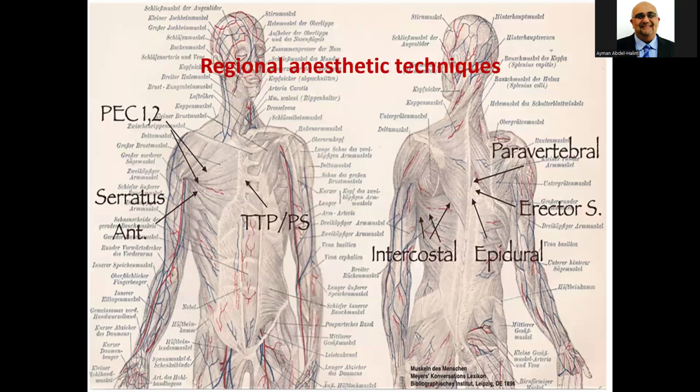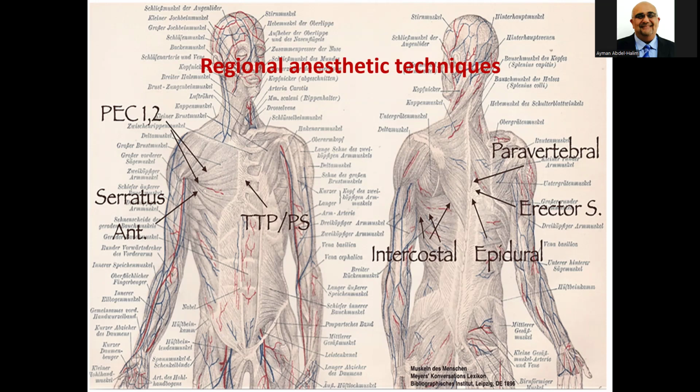Regional anesthetic techniques. So these are some of these blocks, like intercostal, epidural, erector spinae. I want to mention something, and I want to really implant this concept. We have blocks that are central, and we have blocks that are peripheral.